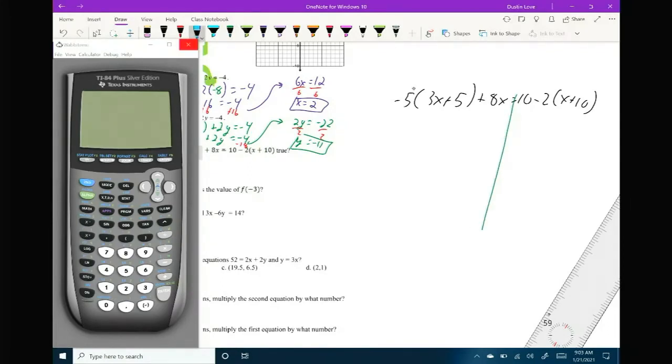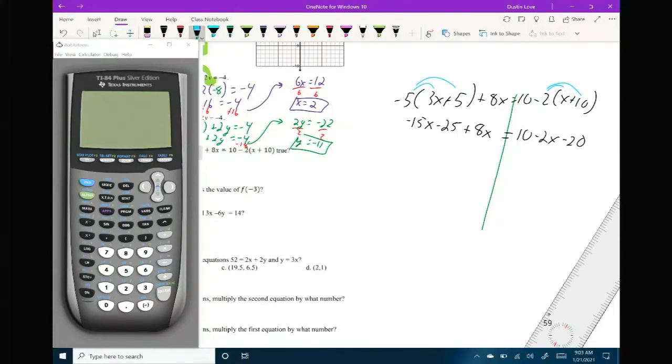First I'm going to distribute on both sides. Negative 5 times 3x is negative 15x. Negative 5 times 5 is negative 25, plus 8x equals, the 10 drops down, negative 2 times x is negative 2x, negative 2 times 10 is negative 20.